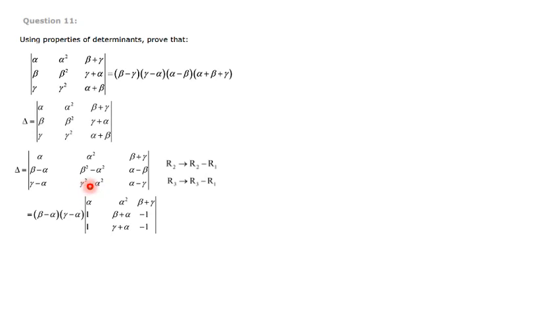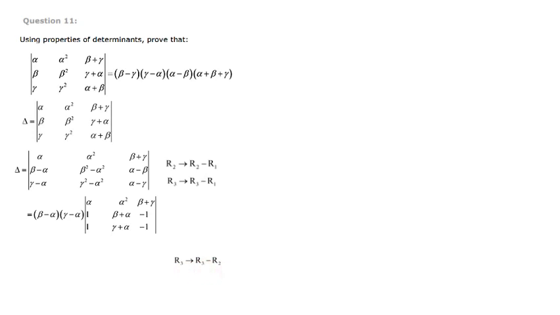Gamma square minus alpha square is gamma minus alpha into gamma plus alpha. So gamma minus alpha is outside, balance is gamma plus alpha. Then alpha minus gamma is here, then we have taken gamma minus alpha outside, so minus 1 is the balance. Then R3 changes to R3 minus R2.